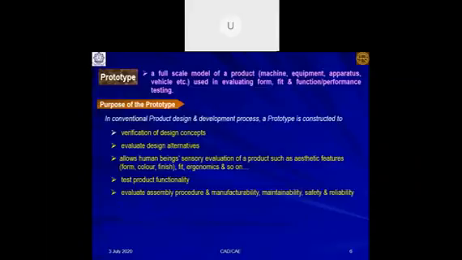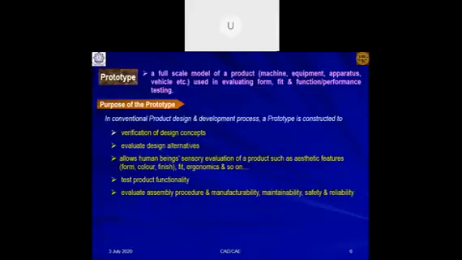A prototype is also used to evaluate the assembly procedure, manufacturability, maintainability, safety and reliability. Any product development industry you visit, you can see they are doing this.